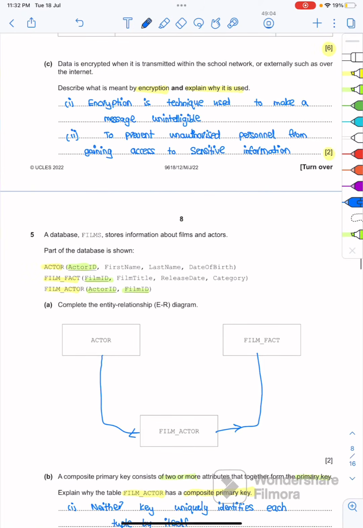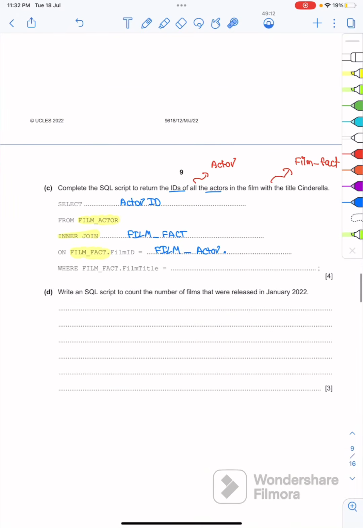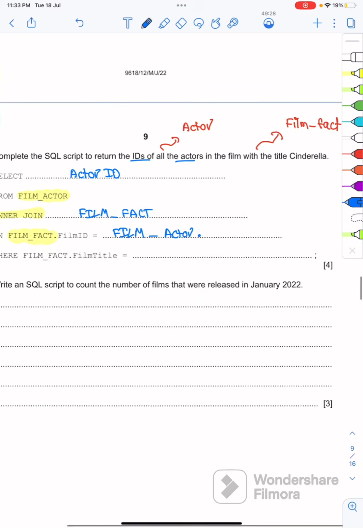So film_fact has got the film ID as well, and film_actor has also got the film ID. So that's what we're using. Remember we're inner joining the film_actor and film_fact tables, right? So once we've inner joined them, we're saying on the data where film_fact with the field film ID is equals to film_actor with the field film ID, we're going to have the title of Cinderella.